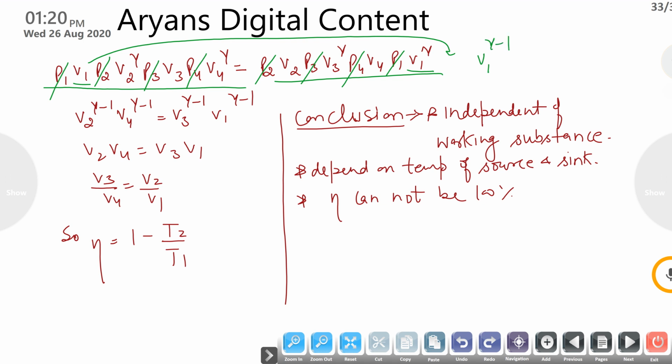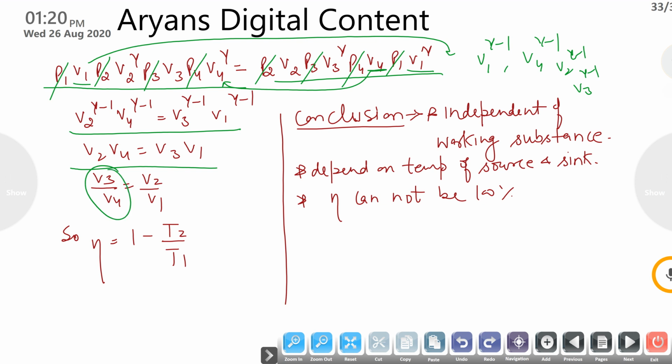Similarly, if I put V4 from here to this side, it will become V4 gamma minus 1. Similarly, V2 will become V2 gamma minus 1 and V3 gamma minus 1. It is simple shuffling of parameters from left to right. I will get this, or you can say V2 V4 is equal to V3 V1.